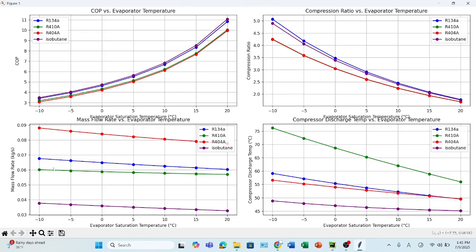So if we take R134A as a reference refrigerant here, and we want to compare other refrigerants with it, we can see here it's very clear why isobutane is used in the refrigerators nowadays, because of its better properties: better COP, less discharge temperature, less mass flow rate, less charging, less compression ratio, and less compression ratio causes less work and improves the COP. So here you can see how simply you can compare different refrigerants, and you can screen them out if you are working on it.